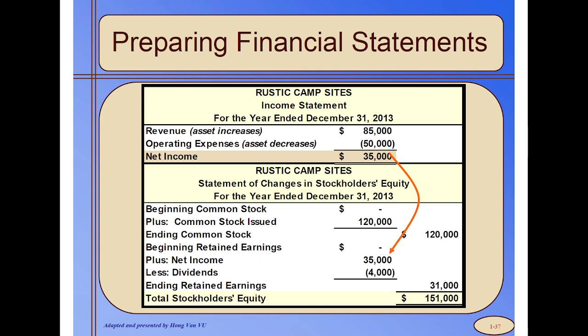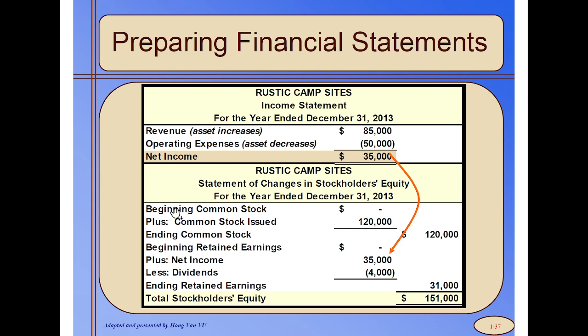So now we can look at the statement of changes in stockholders' equity. You can see the second financial statement here, the statement of changes in stockholders' equity, also for a period of one year.